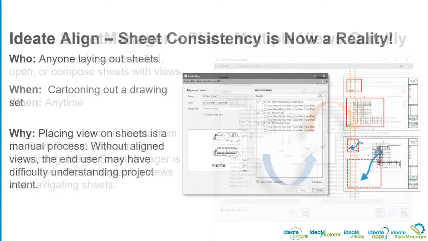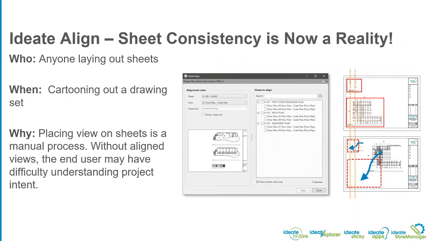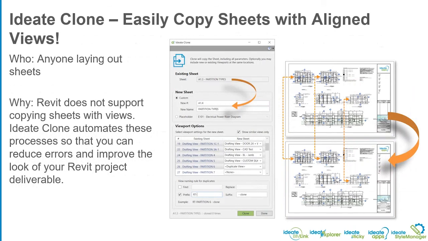And then using align and clone, you can align views very easily on the sheet. And then clone allows you to duplicate a sheet. So in Revit, you just can't right click and say duplicate, because it's not allowed in the project browser.